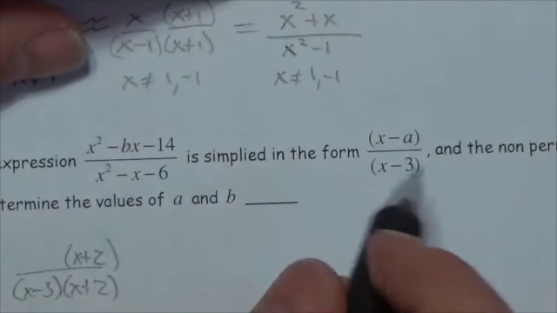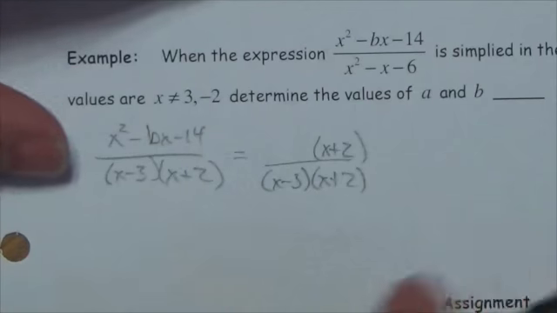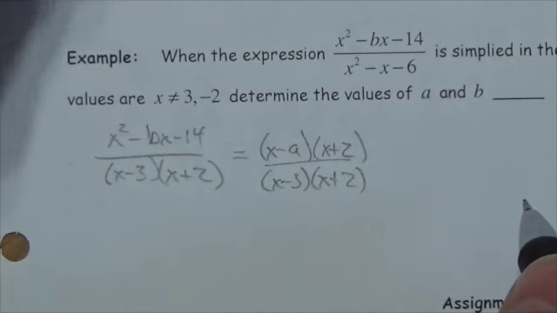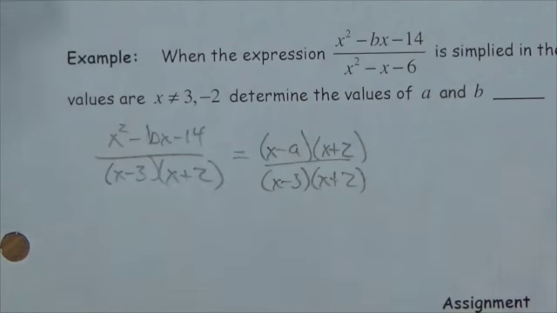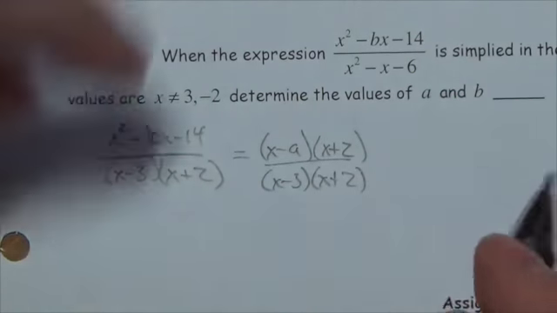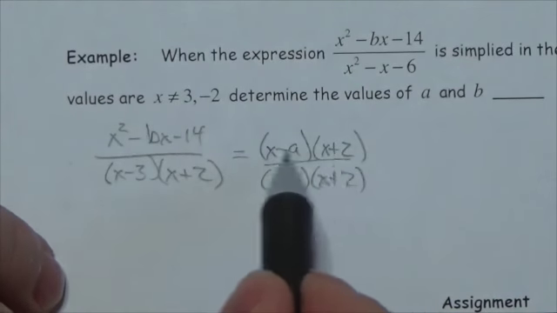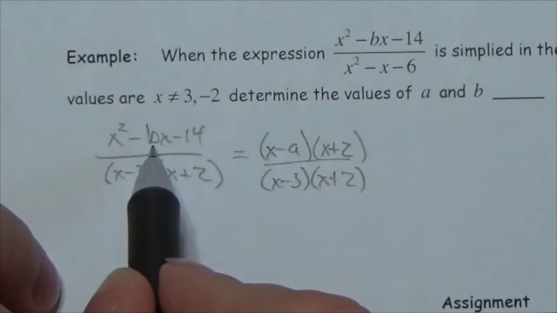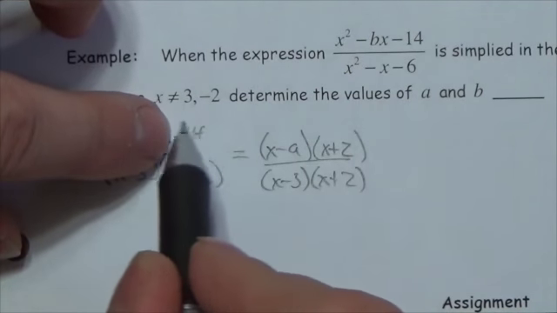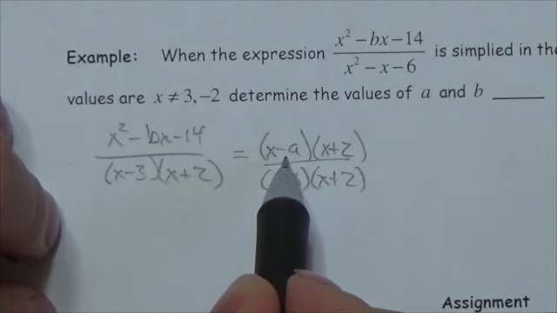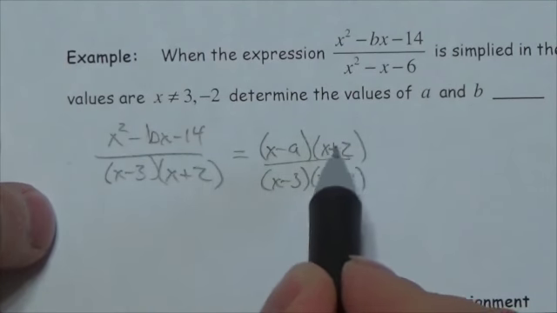Now, I also know that one of the factors here has got to be x minus a. Okay, x minus a. Okay, good. Now, I've got to think about this here, because when I multiply these two out, I'm supposed to be getting this. Now, notice that that -14, that constant at the end here, should be the product of this and this.